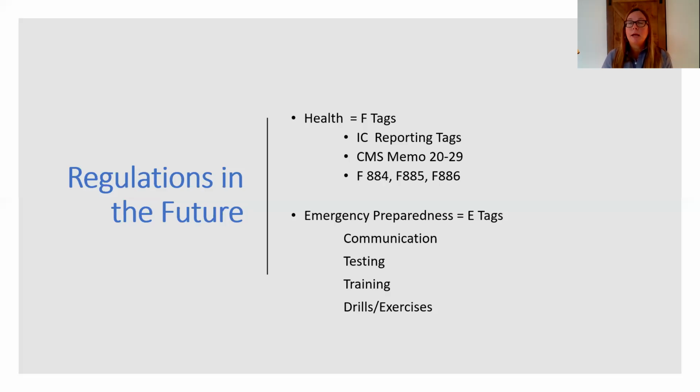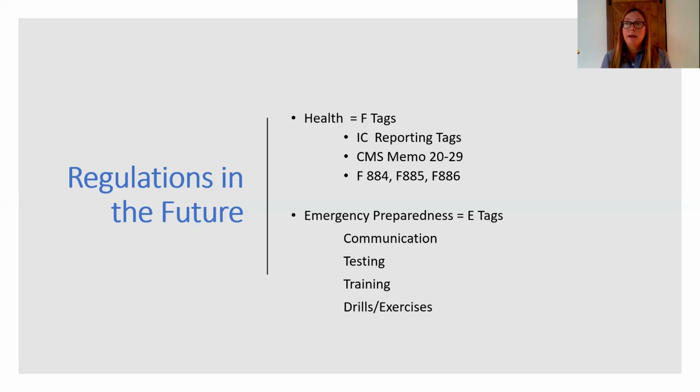So I know I talked a little bit about the regulations. And so we know that there are your infection control reporting tags. They're under F880. The CMS memo that came out for 2029, which was earlier in the summer, is the one that focuses on the infection control focus survey.